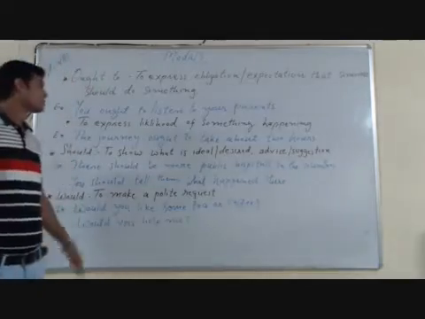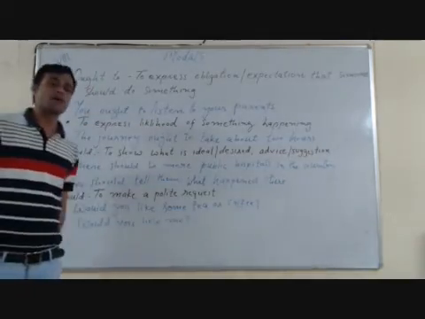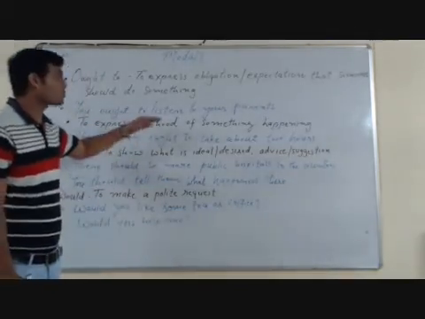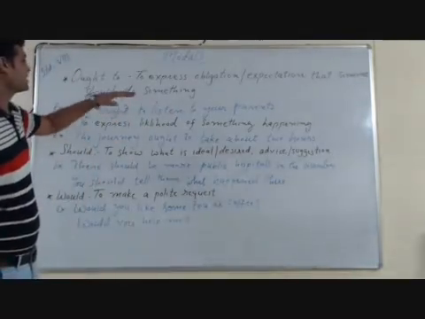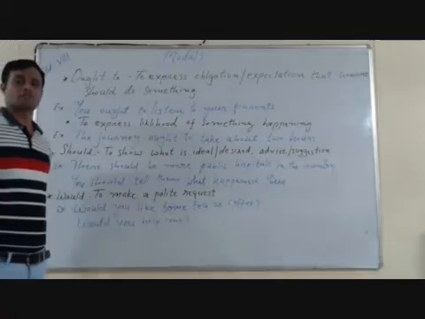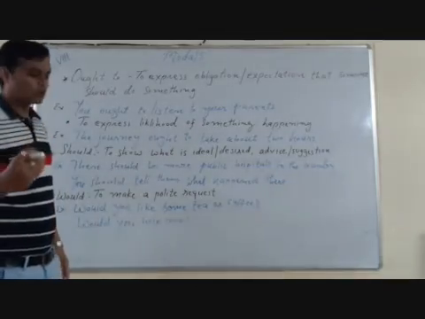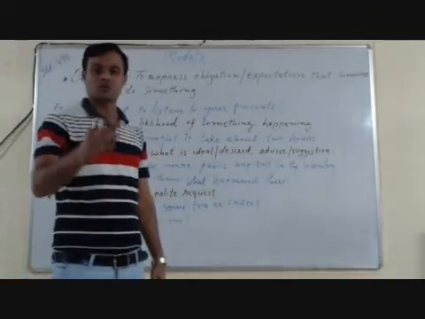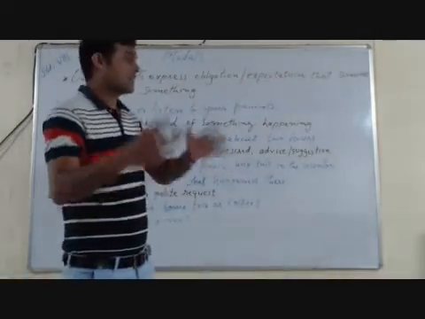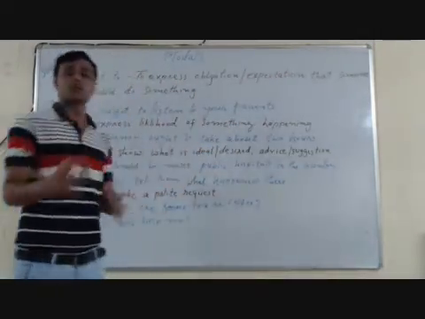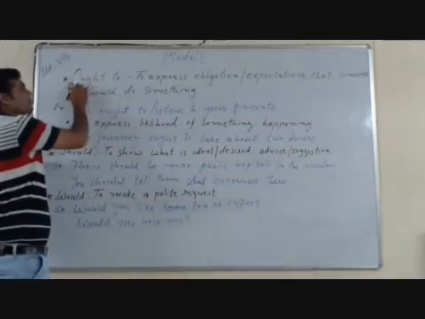For example, you ought to listen to your parents. This shows the expectation that someone should do something. We ought to listen to our parents. So whenever we want to show obligation or expectation that we should do something, we use ought to.